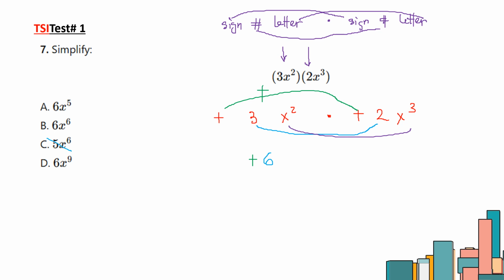Remember, we have the formula: if we have the same base a to the power of m times the same base a to the power of n, that will be a to the power of m plus n. So x stays the same, and 2 plus 3 is 5. So you have 6x to the fifth, and A is the correct answer.